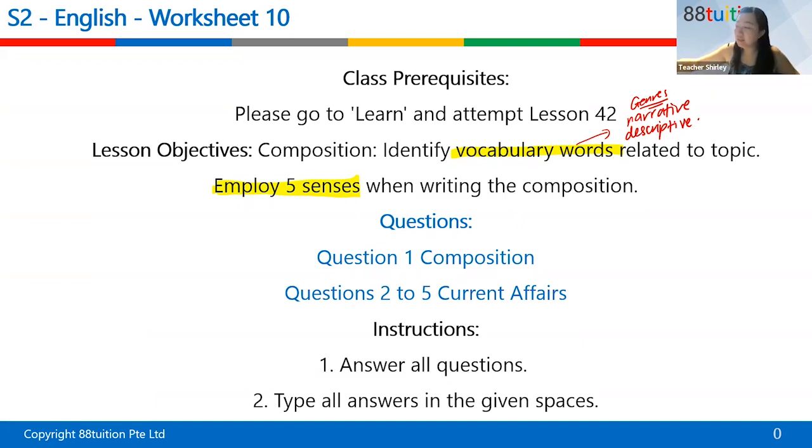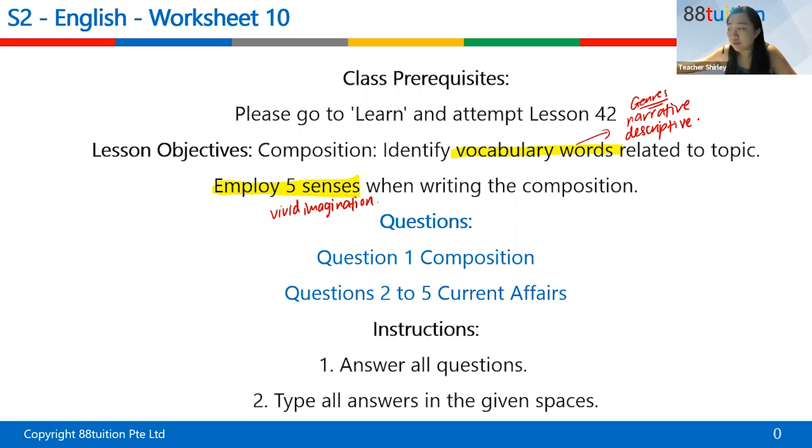So basically to employ 5 senses because you want a vivid imagination for your reader. Okay, so it goes beyond just physical description. It will create a vivid mental image in the reader's mind, and also, of course, appeal to your 5 senses as well. Okay, so we'll touch on that a little bit later.